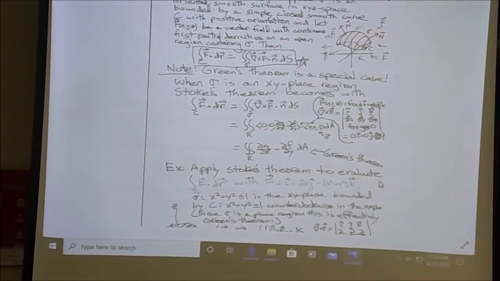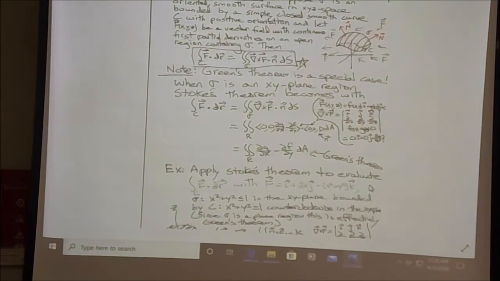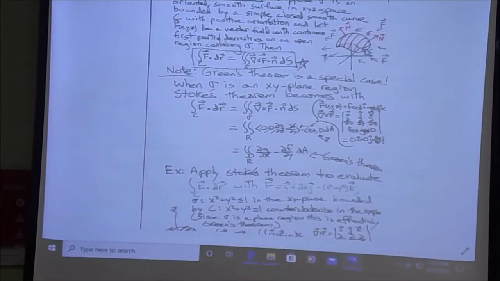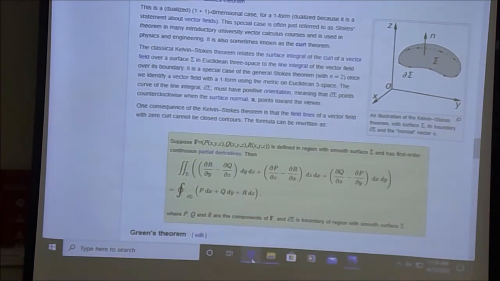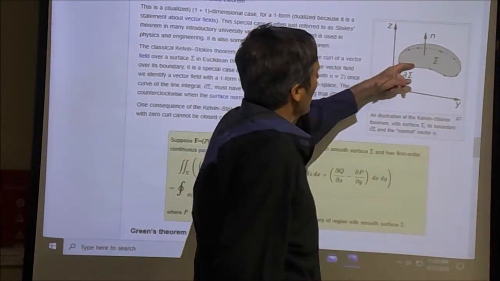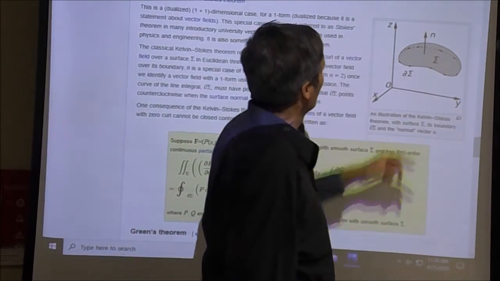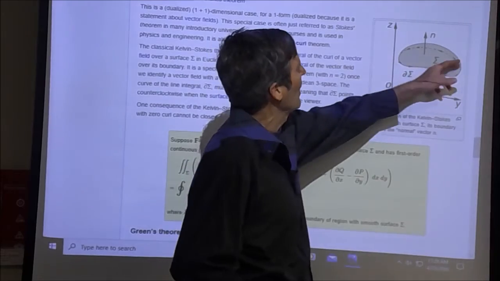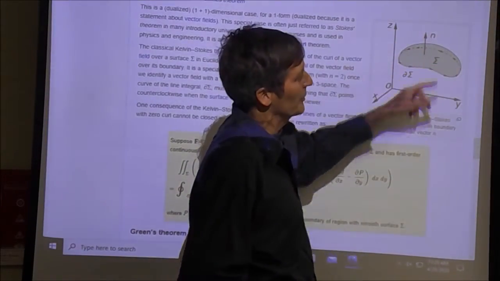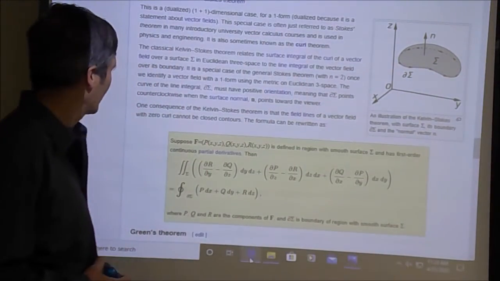Maybe I should put it up here just briefly. There it is. So here's the boundary of a surface sigma with normals oriented so that you move around counterclockwise. If these are upward normals, for instance, they call that positive orientation.